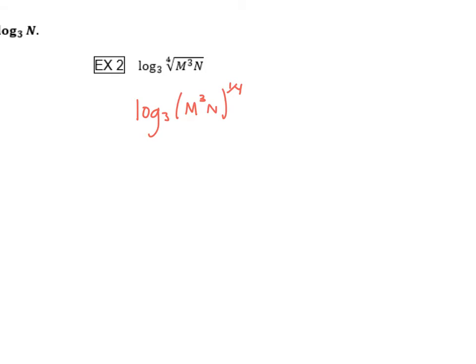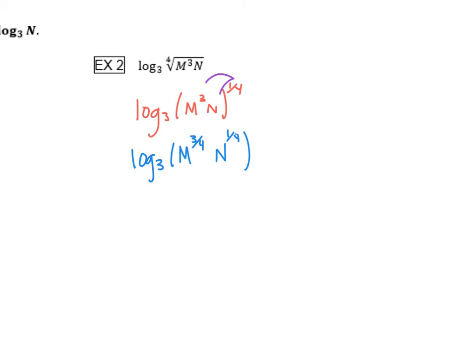Then we'll go ahead and bring that 1/4 power into the m and the n. So that gives us log base 3. Now when we bring it into the m, we're going to multiply 3 times 1/4 and we get 3/4. And then when you bring it into the n, it's n to the 1/4.